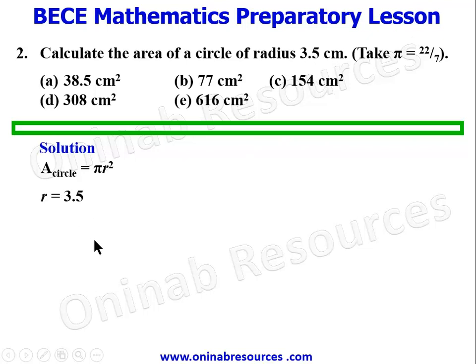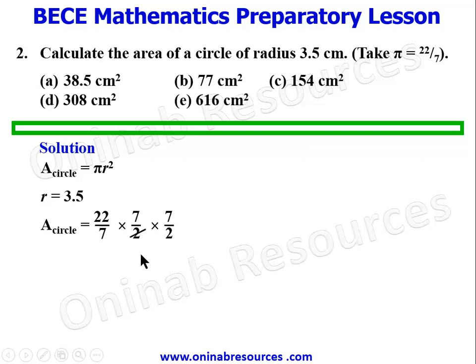We would like to work with a fraction, so that we have 3.5 as an improper fraction, which is 7/2. So that the area of the circle will be 22/7 times 7/2 times 7/2. Since it is r squared, we have it as 7/2 times 7/2.